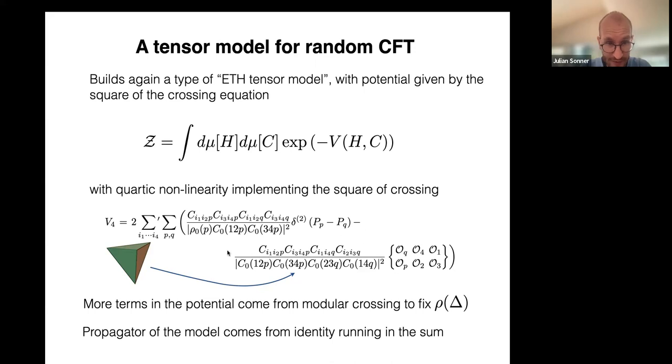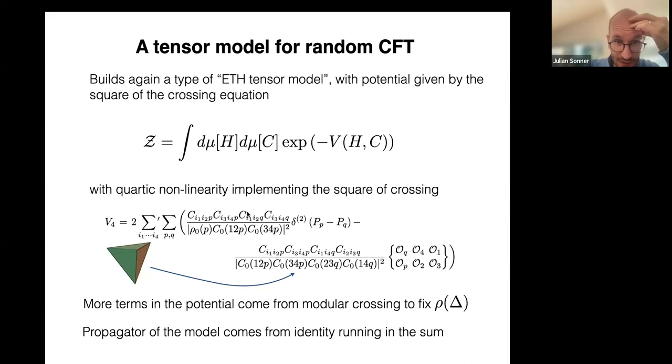So I1 is one edge, I2 is another edge, P is a third edge, I3, I4, P. And you can show that geometrically, this has the symmetry of a tetrahedron. I didn't label the edges here, but you could label them in any way that is invariant under the permutations of the tetrahedron.